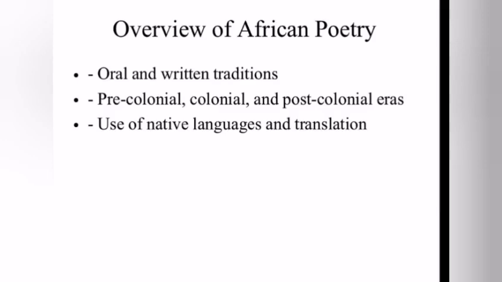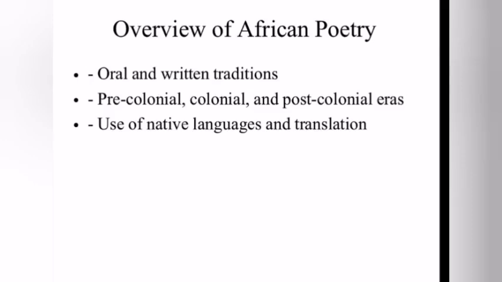You understand? It was oral, and most of it was in a kind of singing. When westernization came about, we could now write about these things. So now it moved to pre-colonial, colonial, and post-colonial eras. That is how African poetry has evolved so far.